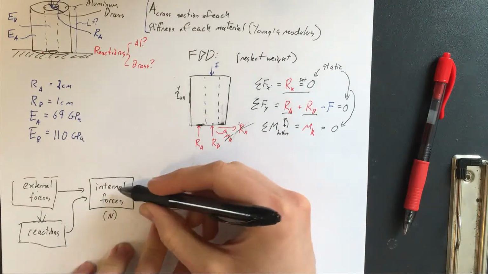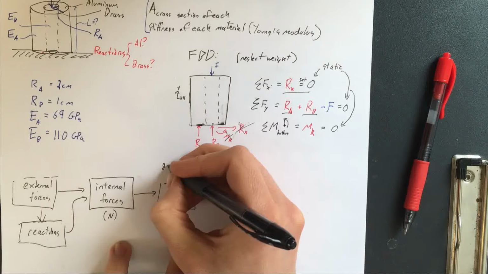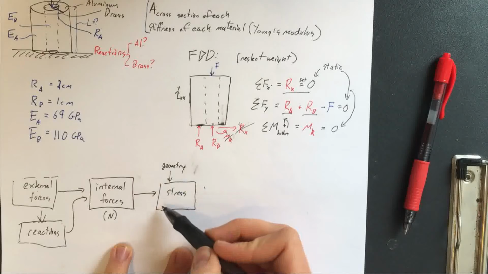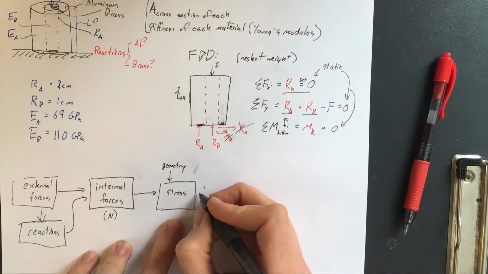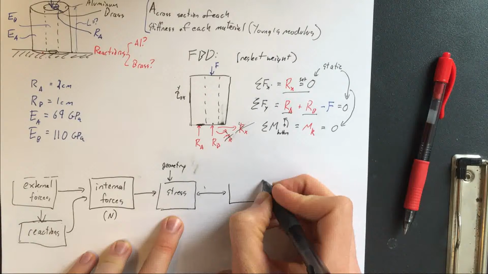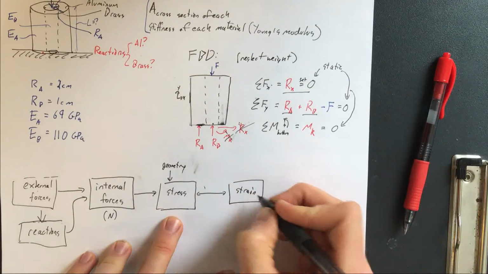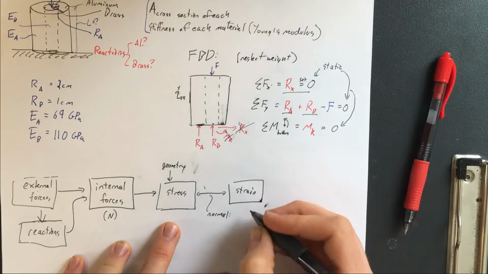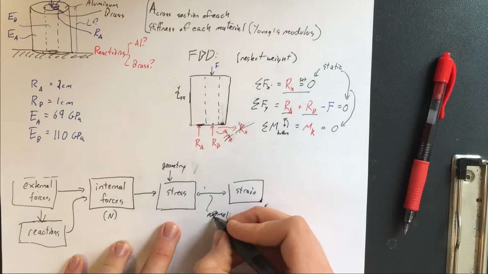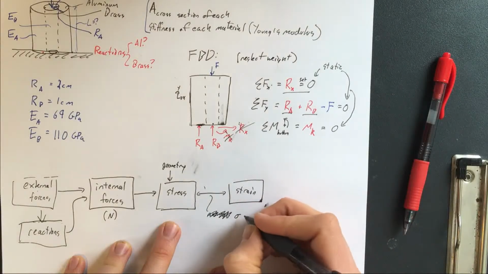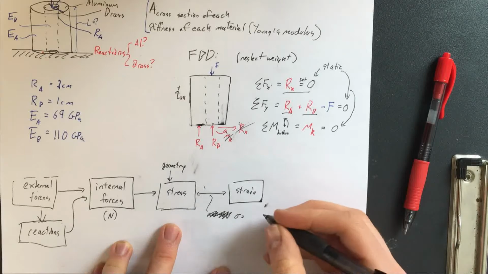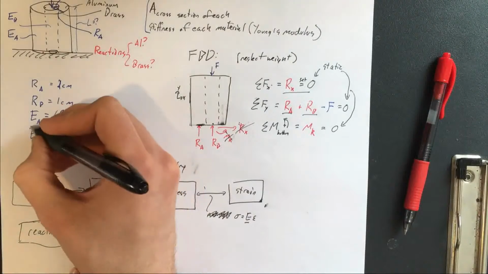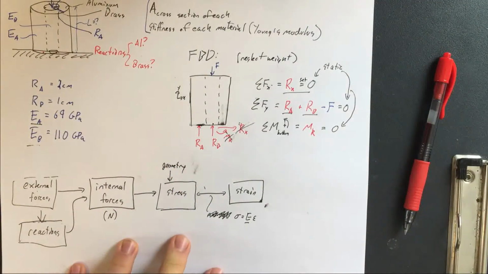And of course, in addition to knowing about the internal forces, we'll also need information about the geometry, for example, the cross sections, right? Internal forces and geometry will give us information about stress. Stress is related to strain. For example, for normal loads, or in general due to material properties, if we're in the linear region of a linear elastic material, then the stress is proportional to the strain via the Young's modulus, and that's why we needed this information about stiffness earlier.